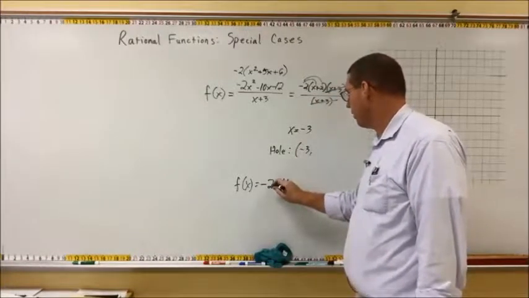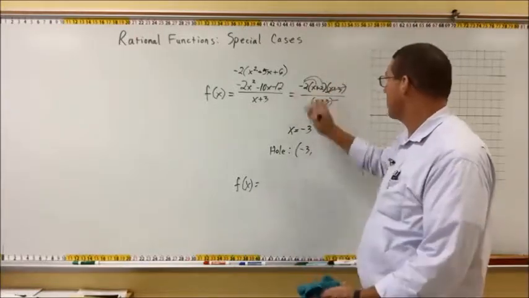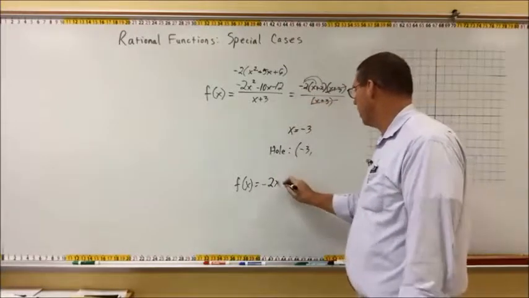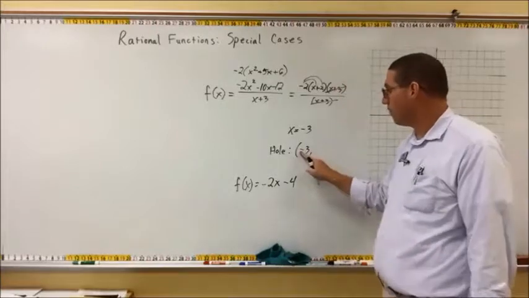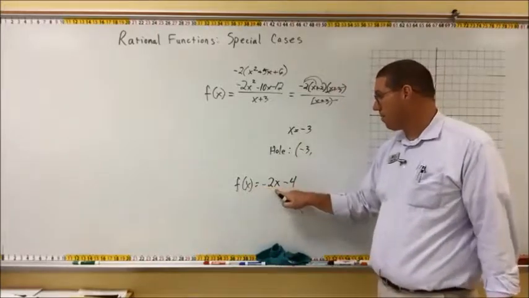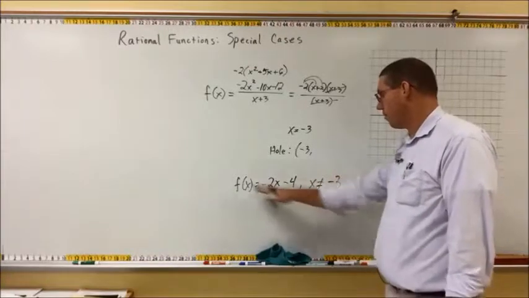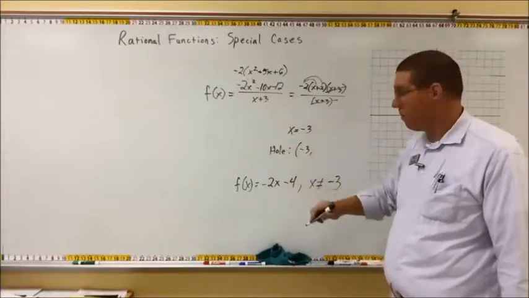Oh, excuse me, I forgot to put an x in here, so whoops. All right, let's do this again. -2 times x is -2x, and -2 times positive 2 is -4. And so now if I plug the -3 in for x, and by the way, x cannot equal -3, this is the official statement of what this function is.